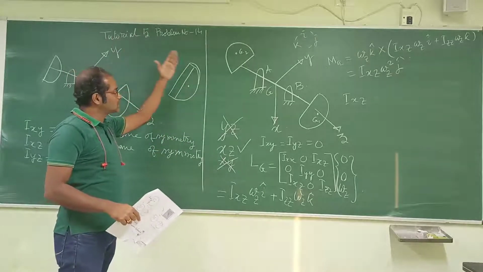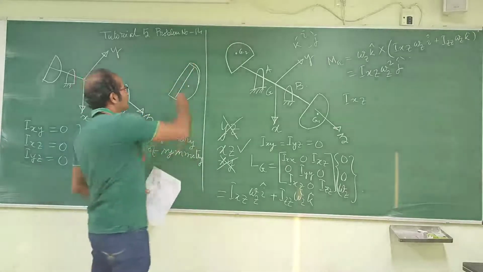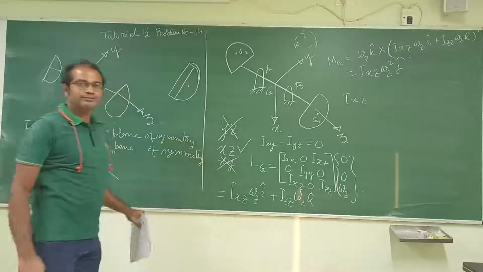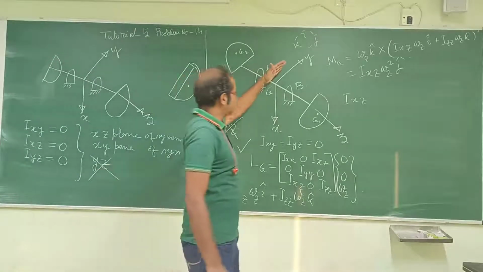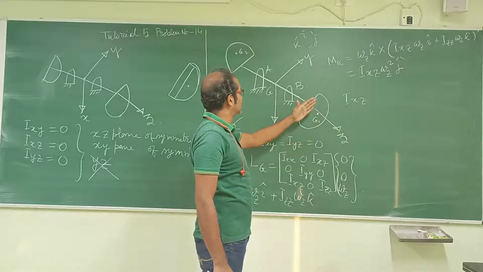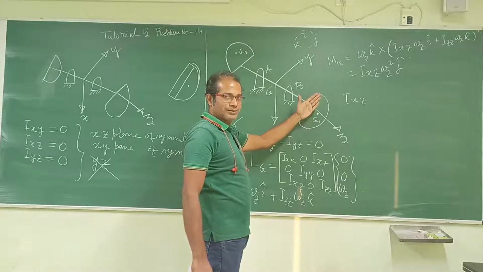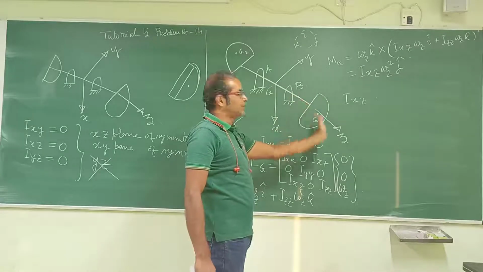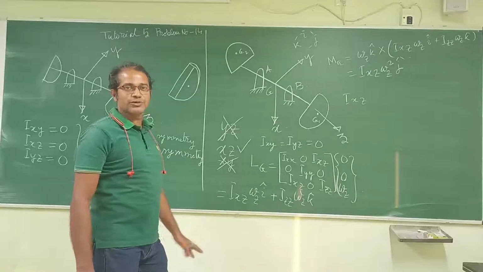So you are going to get this plane of symmetry, and the other one is this plane of symmetry. If I put the equivalent coordinate system over here, then I am going to get the xy plane of symmetry and the xz plane of symmetry in the semicircular one.